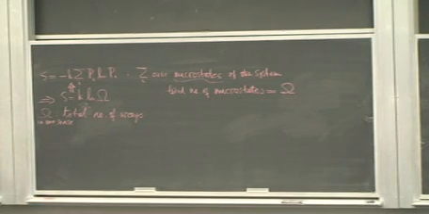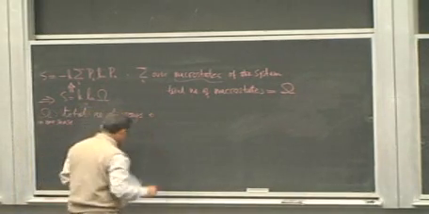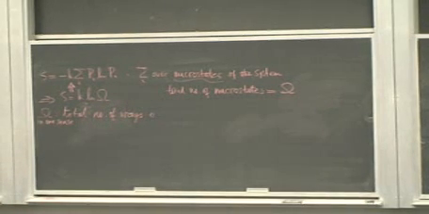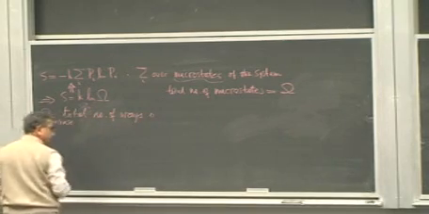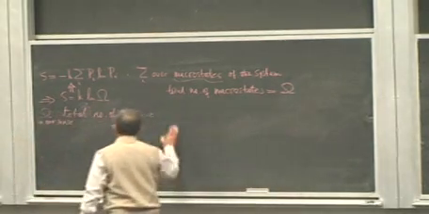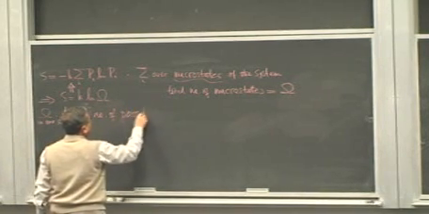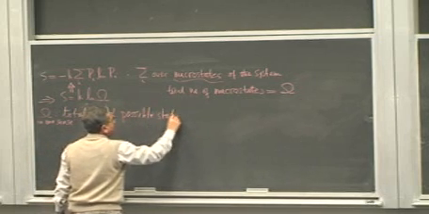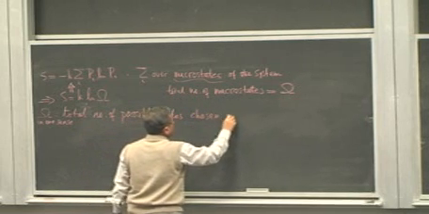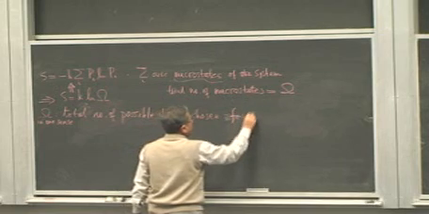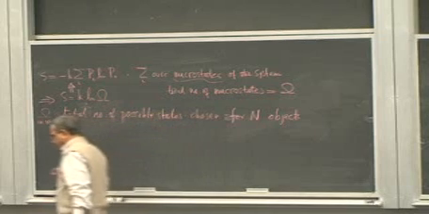it is total number of ways of picking, no, total number of possible states, total number of, let me put this suitable word, total number of possible states chosen for n objects. So what is this?